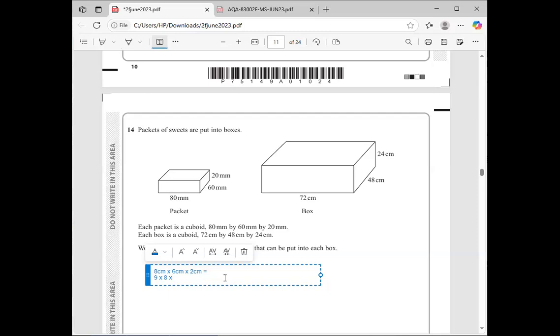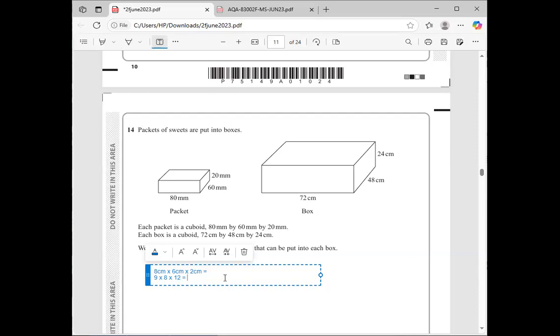All right. Then let's now see how many 2 cms can fit the 24 cm part. That's going to be 12. That's 2 times 12, which is 24. So that's going to be 9 by 8 by 12. And that's going to give us what? 9 times 8 is 72. 72 times 12 will give us what?